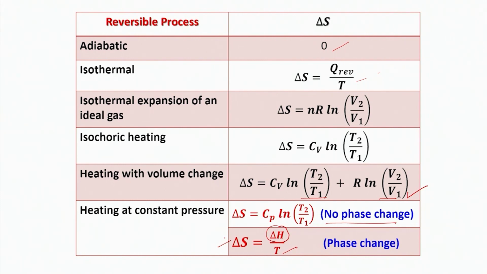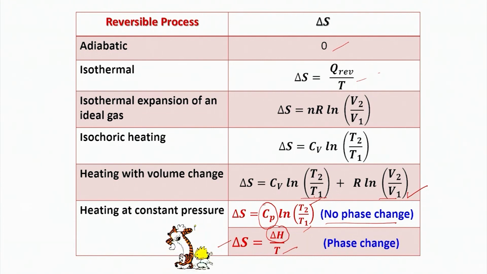But if the system simply undergoes heating and stays in the same phase, then if I know the specific heat at constant pressure of the system and the initial and the final temperature, I would be able to compute the change in entropy for such a process.